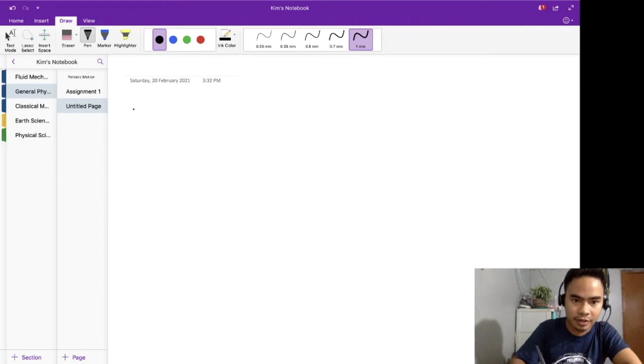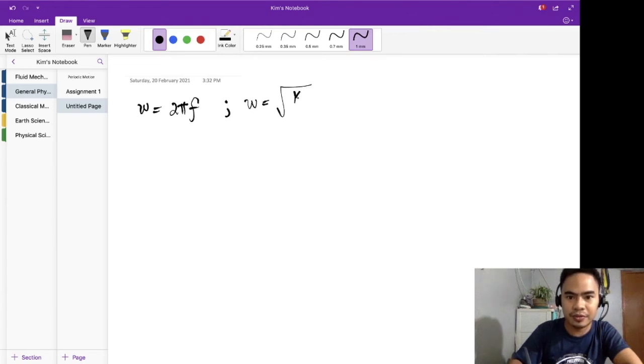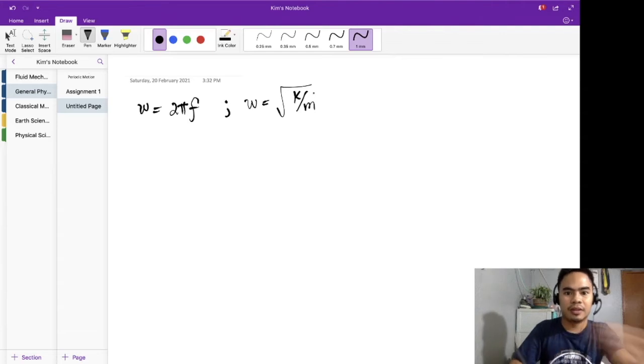According to equation 2, omega is equal to 2 pi f, and another one is omega is just equal to the square root of k over m. Our goal here is to find f.